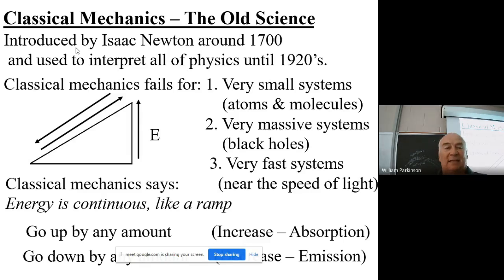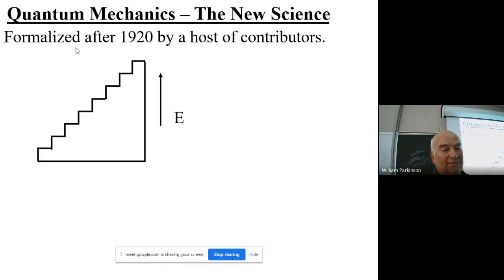Now, according again to the ideas of Newton in the 1700s and up until the 1900s, we thought energy was, as we're showing here, continuous, meaning you can go up any amount you want, you can go down any amount you want. Well, what we actually found out in 1920 when quantum mechanics became the way to think about energy is, and I mentioned this again on Wednesday of last week, I didn't have a picture to go along with it.